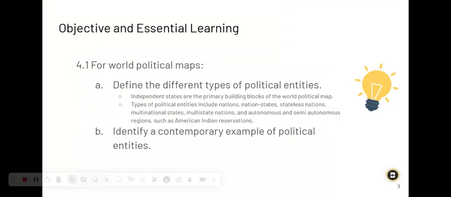These terms actually shape international relationships, conflicts, and even what your passport says that you carry. By the end of this, you should be able to define political entities, so things like states, nations, and multinational states. Identify real-world examples, which means, yes, we'll bring up places that you've heard of, not just random countries from a random map quiz.